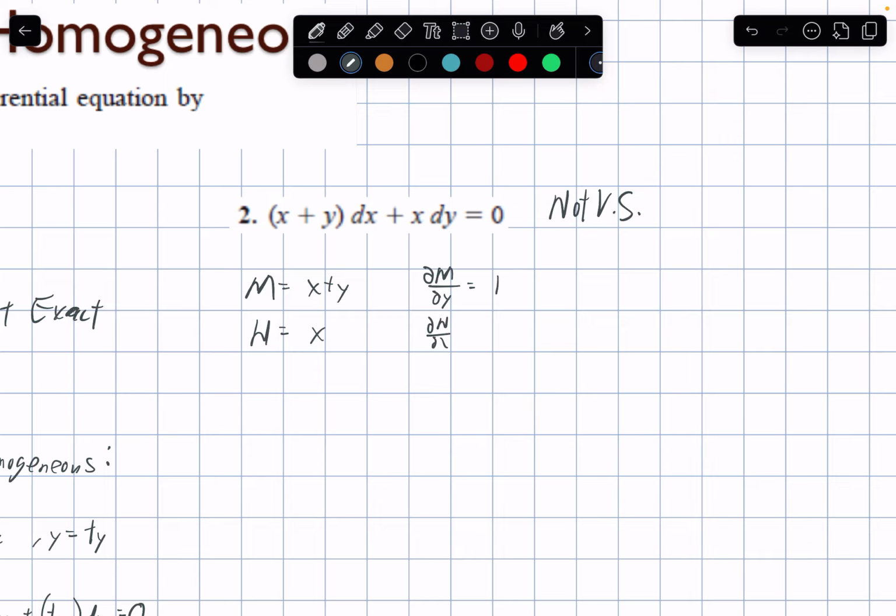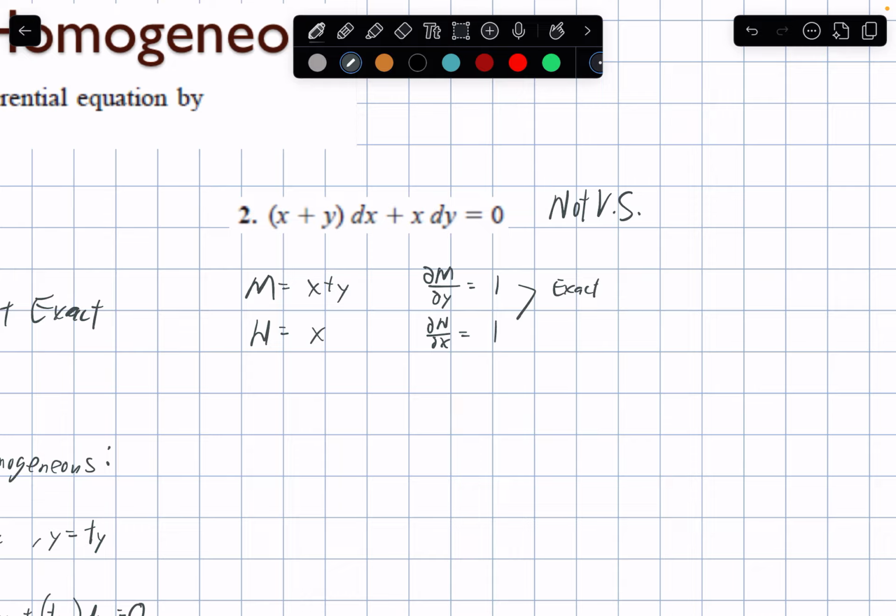I think it is exact. Okay, so yes, it is exact. Let's test for linearity. At this point, we can already solve. We already know one way of solving this differential equation.